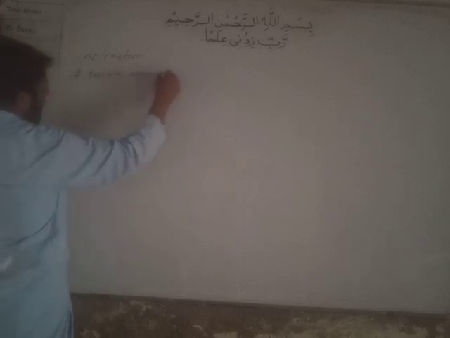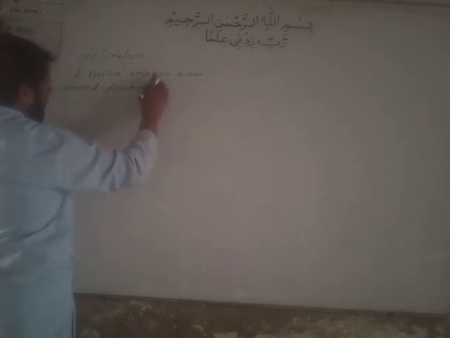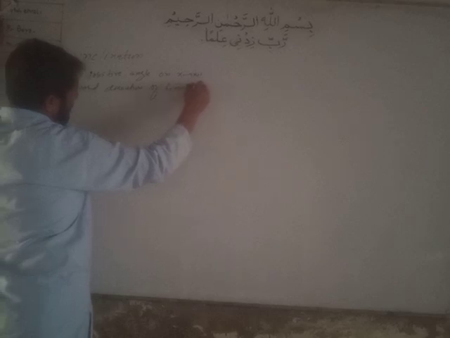Now, inclination of a line. Inclination is a positive angle on the x-axis in the upward direction with the direction of a line which is not parallel to the x-axis.